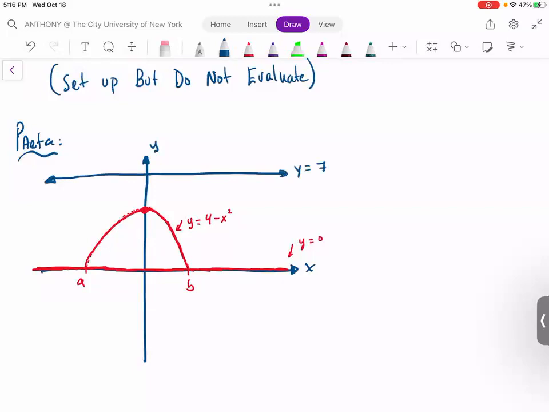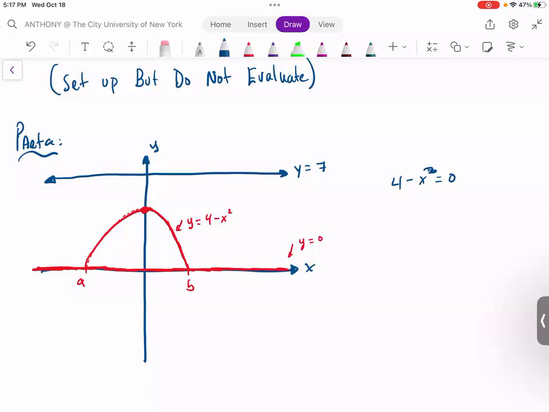All right. So first of all, we can find our limits of integration, our values of a and b. If you want to find the values of a and b, you can set the quadratic 4 minus x squared equal to 0 and solve for x. You could have done this more than one or two ways.